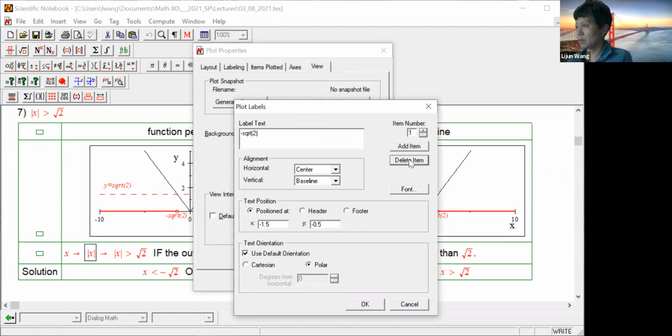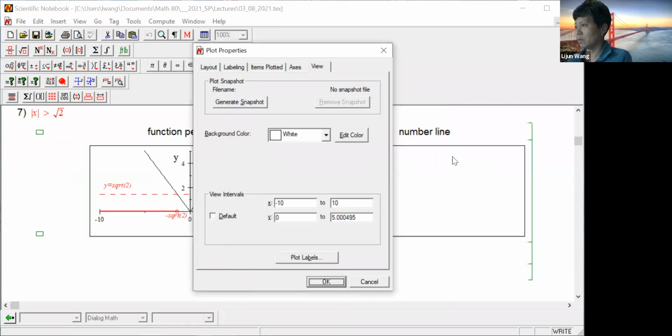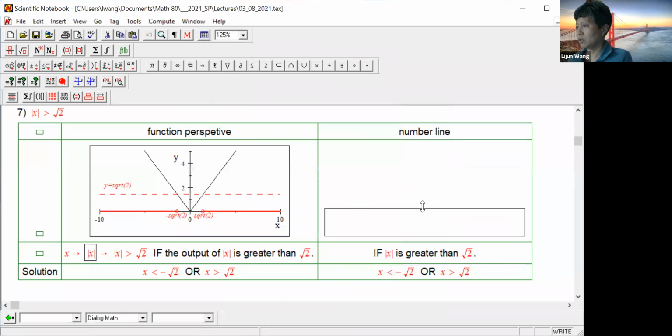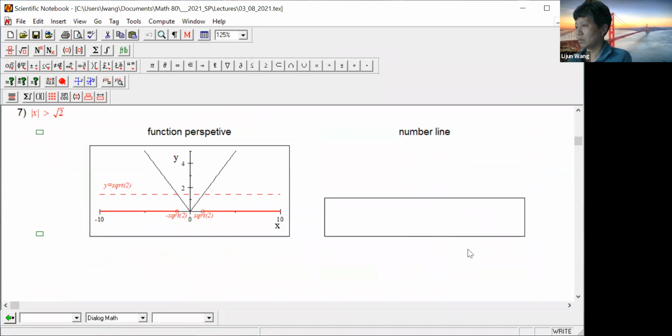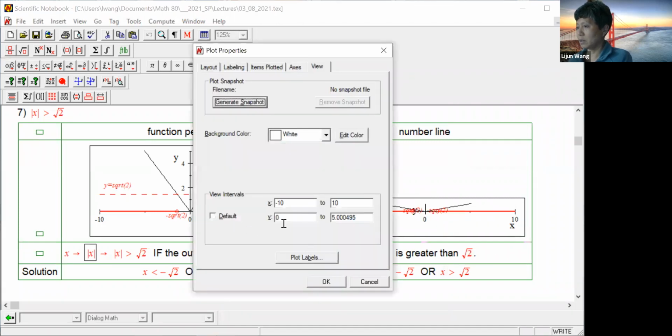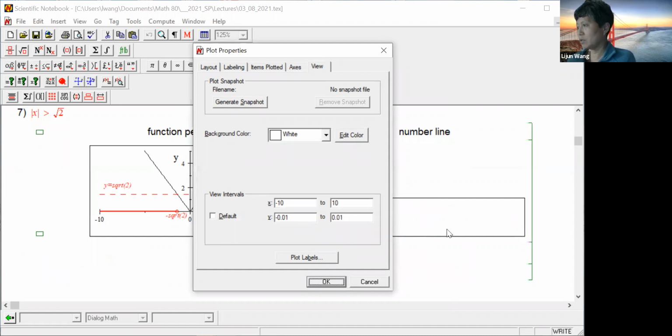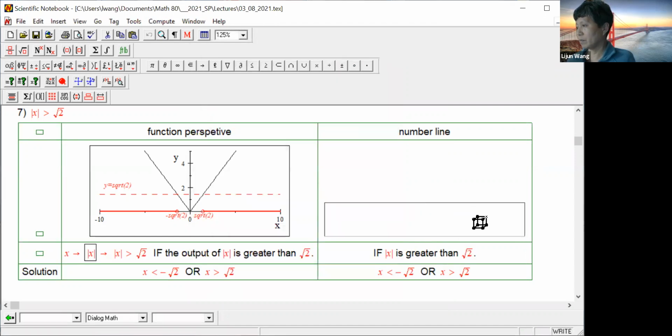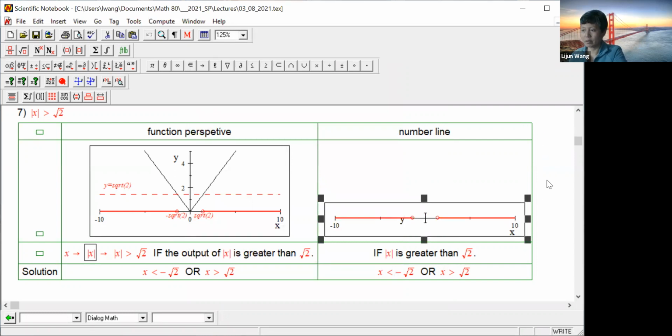Delete that. And I think we're fine. We're good now. I just want to show the number line, negative 0.01, positive 0.01. I think that should be good. Yep, that works. Just for the visual effect.